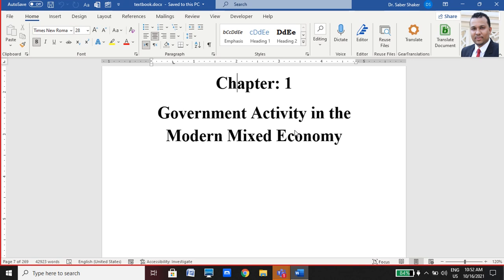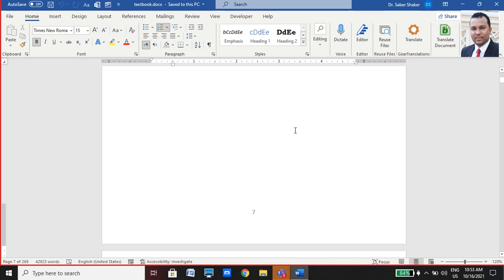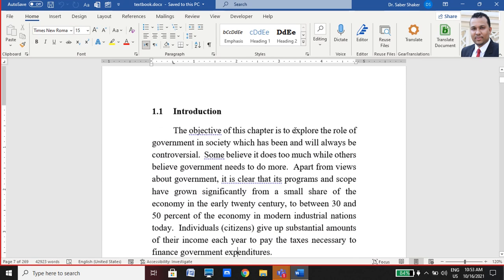So in between, this is the mixed economy. In mixed economy, we talk about an in-between case. So there is a considerable role for the private sector and the same for the public sector, around 50% for each part. Okay.